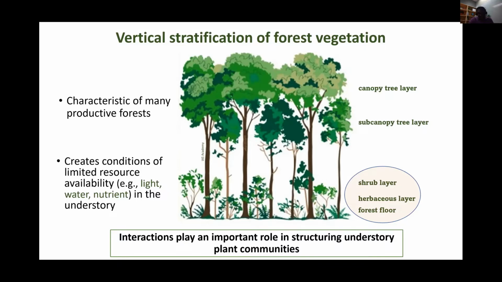Others have even called them the forest ecosystem drivers, the engineers of the forest ecosystem. So that means that's where it is happening, the forest understory. So to get a hang of what's happening in your forest, focus on the understory. The interactions within the understory can have important consequences for forest functioning.